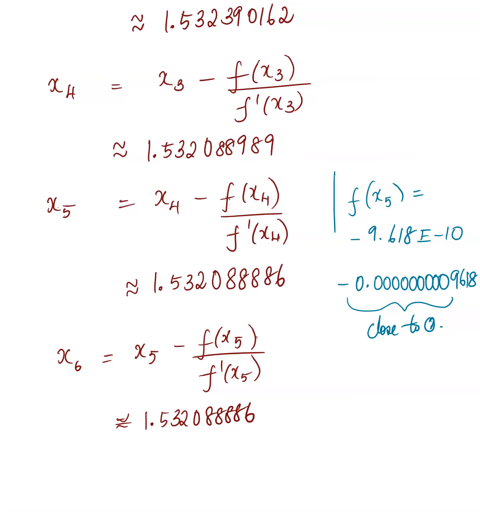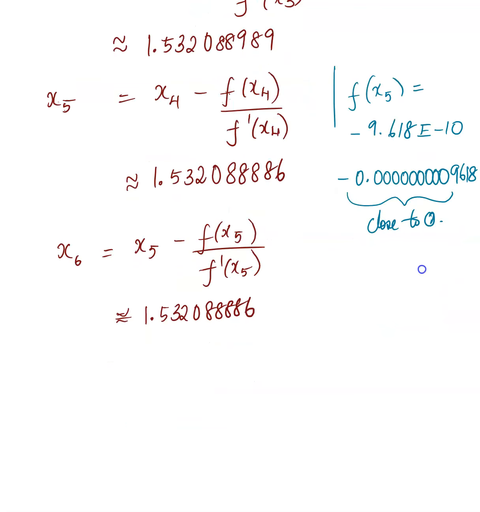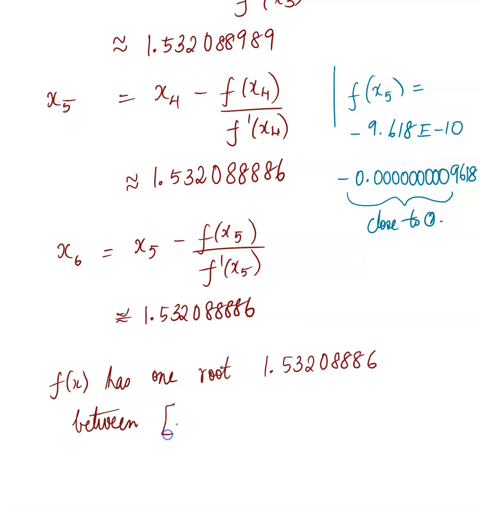Therefore, if you did any subsequent application of this Newton's method, it will most likely give the same value for xn. So then we say f of x has 1 root 1.532088886 between 1 and 2. So that is our answer here.